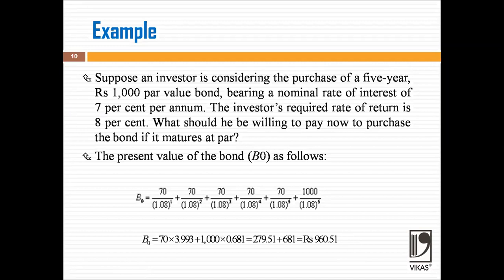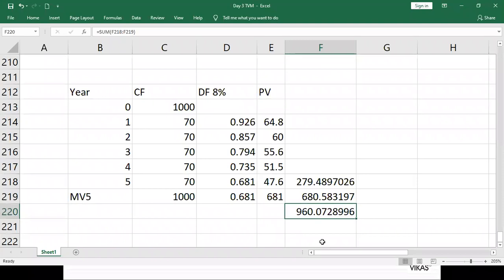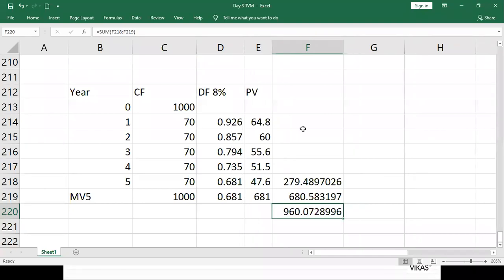960. The value of the bond is 960. Right? The value of the bond is 960. Our calculation is also 960. Right? Any clarifications, any issues, any unclear area in this calculation?